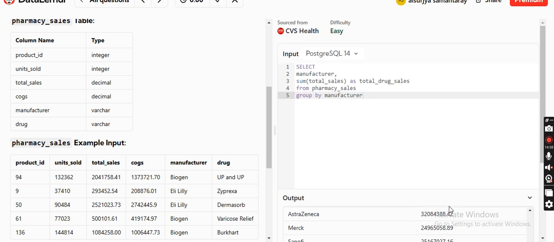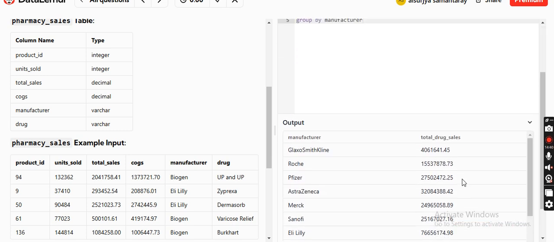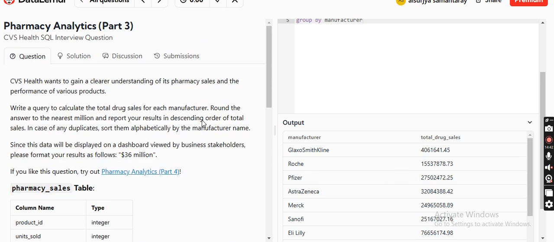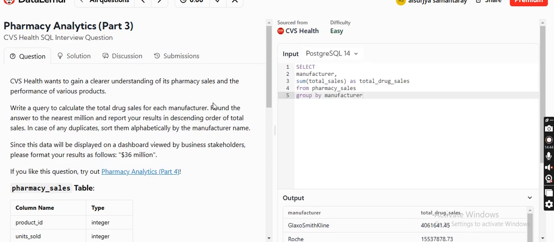This is how it will look like. So you can see from this table, this is how it will look like. Now let's move to the second part of the question. So round the answer to the nearest million. So how you will round to the nearest million, guys? If you are thinking like we can divide with some number, then you are absolutely correct. So what is million? So 1 mn equals to 1, 2, 3, 1, 2, 3.